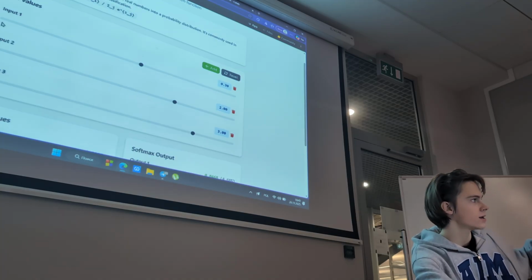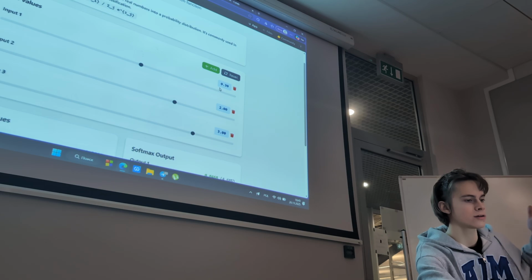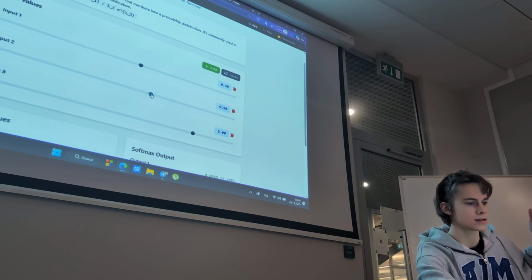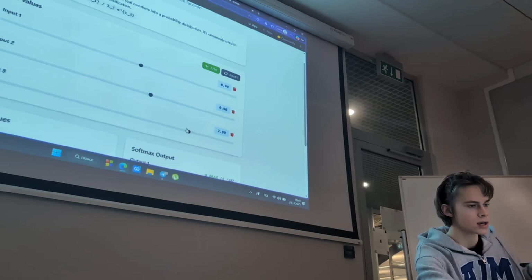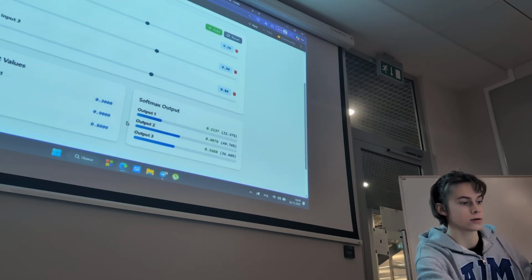For example, we gave the picture of a dog, and it gave 30% to a cat, 90% to a dog, and I don't know, 80% to a crocodile.